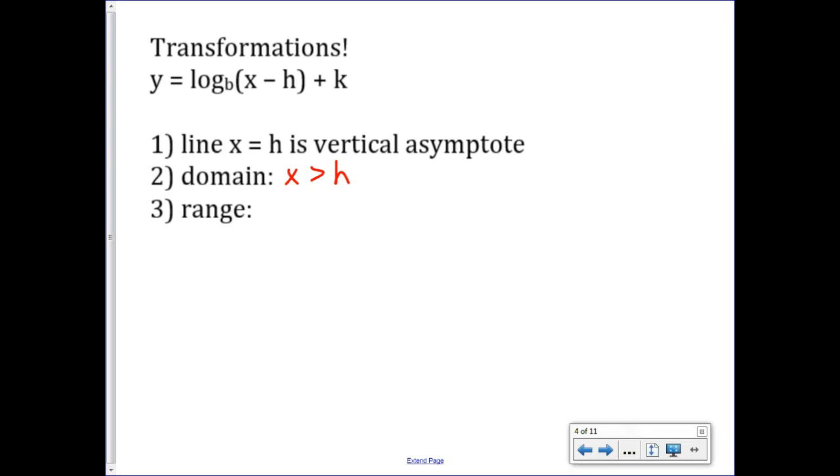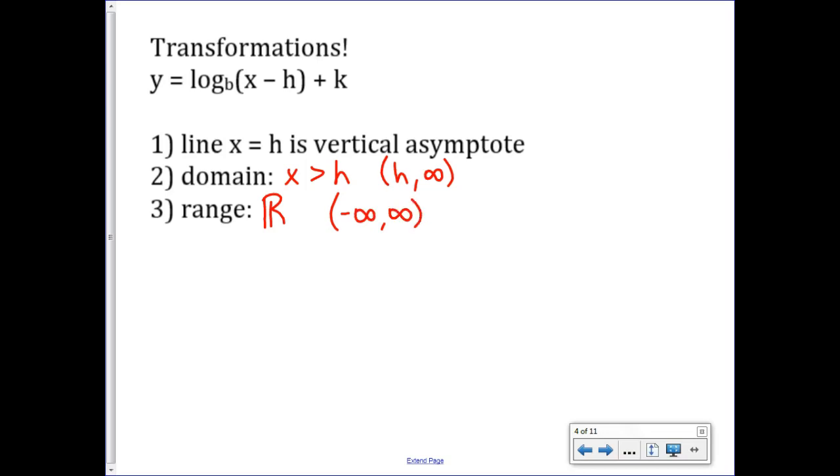That x equals 0 was our asymptote. So now if we move to the right 3, then it's anywhere bigger than 3. Range is all real numbers. So remember, we could write these as h to infinity, and we could write this as negative infinity to infinity.